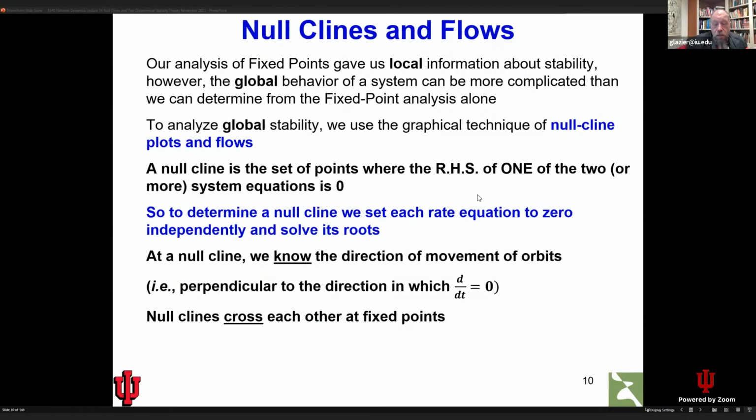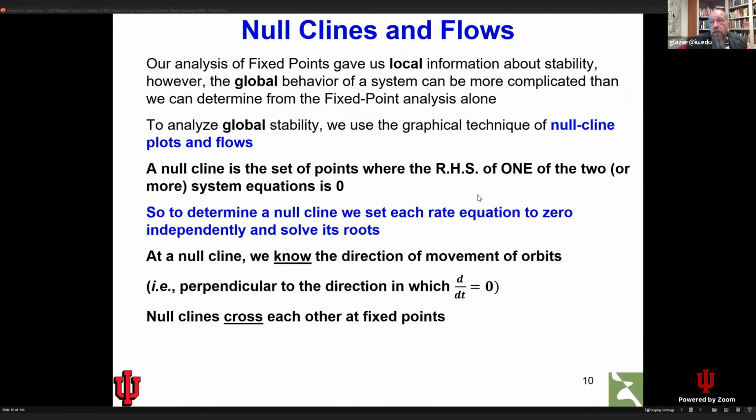The key idea here is something very simple, which is a null-cline. The null-cline is the set of points where each individual rate is 0. So if I have dx/dt equals some function of x, y, and z, the set of all x, y, and z for which that function on the right is 0 is the null-cline for x. Similarly for y and z.